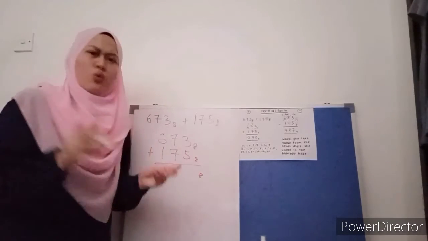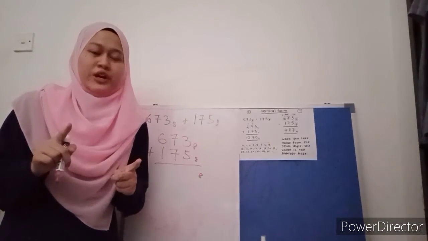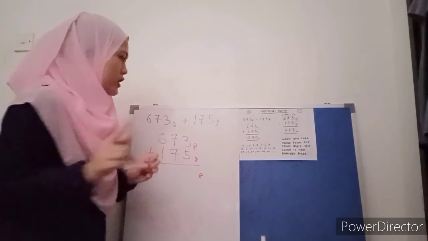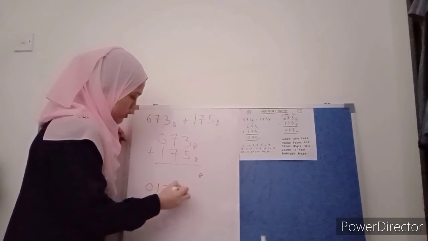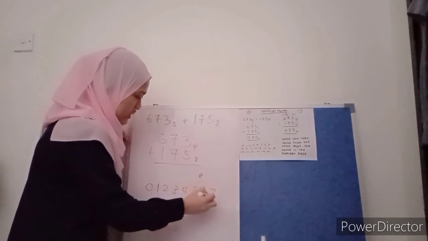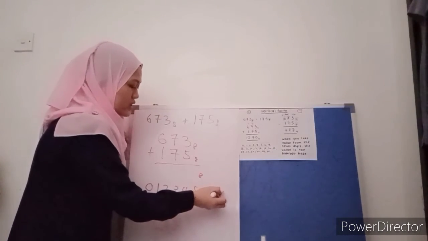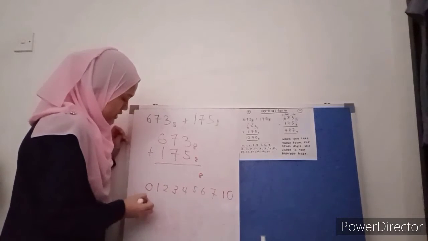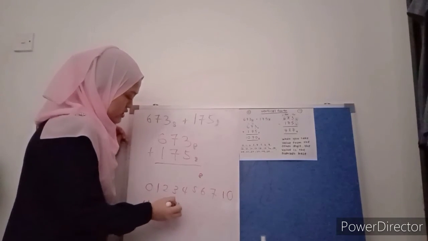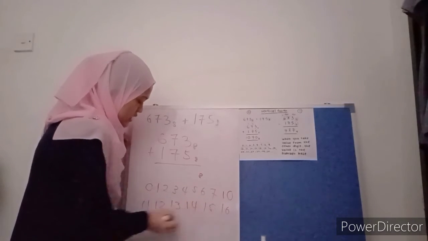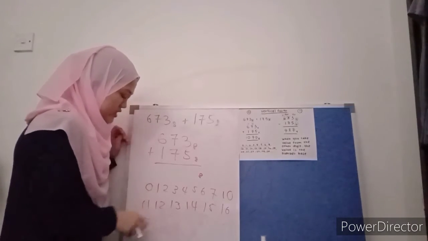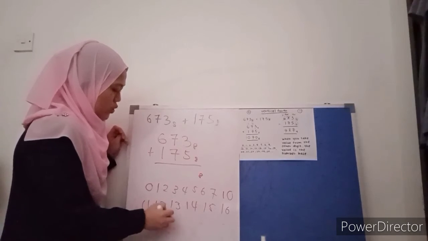So what you need to do is prepare numbers: 0, 1, 2, 3, 4, 5, 6, 7. After 7 it will be 10, 11, 12, 13, 14, 15, 16, 17, and after 17 will be 20, and so on.